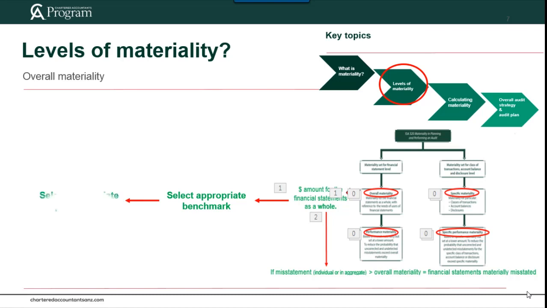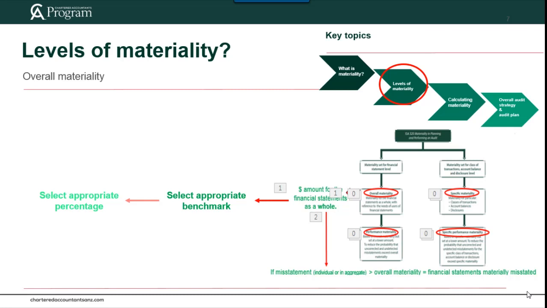A percentage is then applied to the chosen benchmark to determine overall materiality. The benchmark and the percentage to be applied are both based on the auditor's professional judgment. The benchmark selected should be appropriate to the circumstances of the entity.